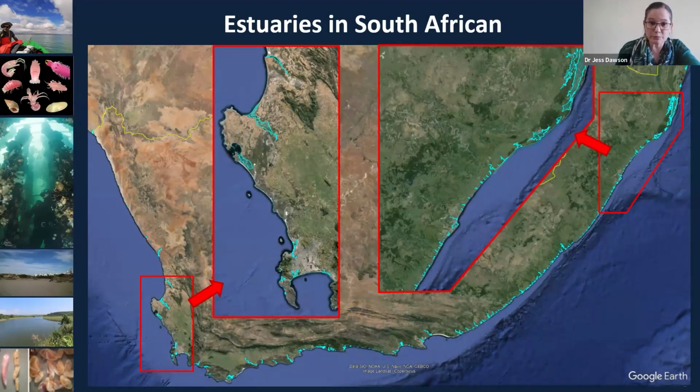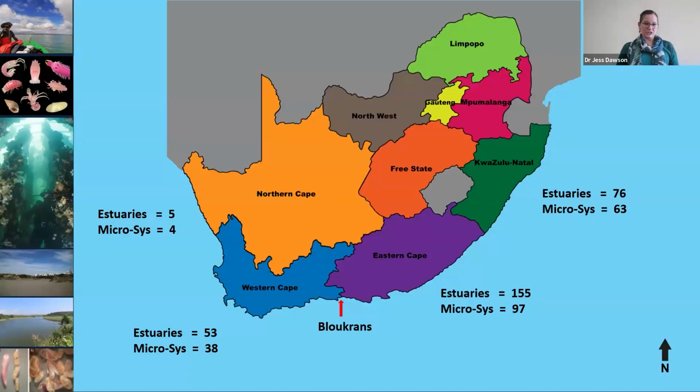So if we divvy that up and look at it in terms of the different provinces, we'll see that the Northern Cape has only 5 estuaries and 4 microsystems. The Western Cape, 53 and 38. And the Eastern Cape is winning with 155 estuaries and 97 microsystems.